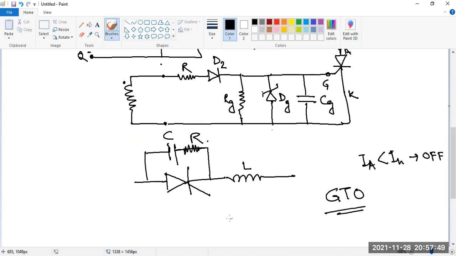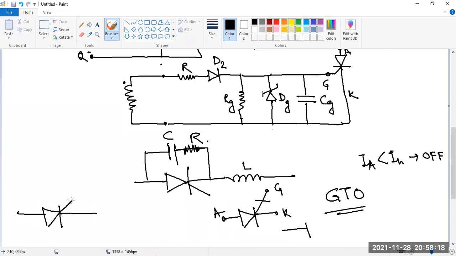And the symbol for this GTO is a little different from this, like this. So this is one symbol. Another symbol is like this. Just a minute, I'm drawing here because I don't have space there.